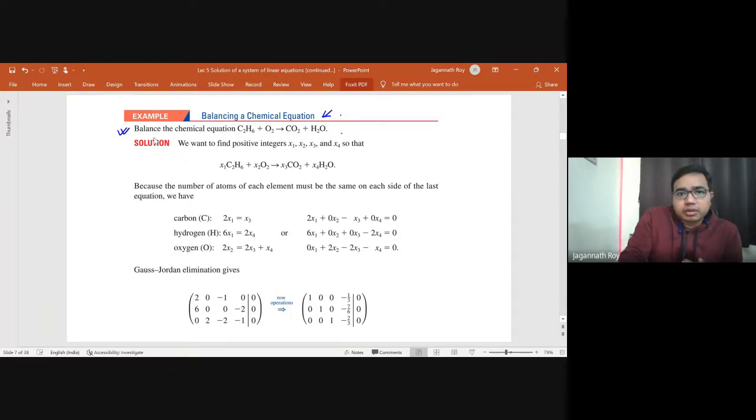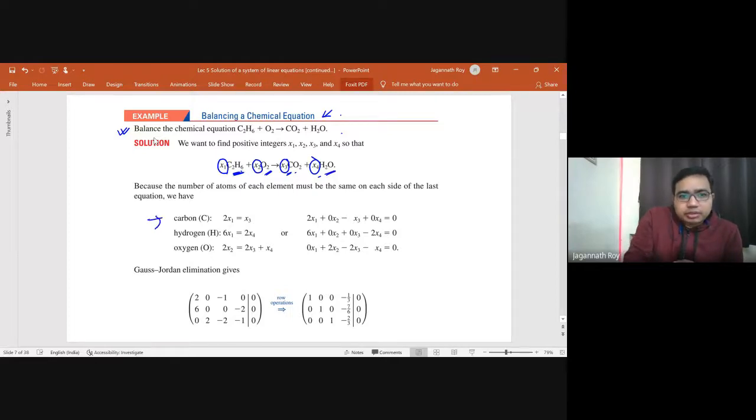Then you have to find the unknowns x1, x2, x3, and x4. x1 is the amount of C2H6, x2 is the amount of oxygen, x3 is the amount of CO2, and x4 is the amount of H2O.